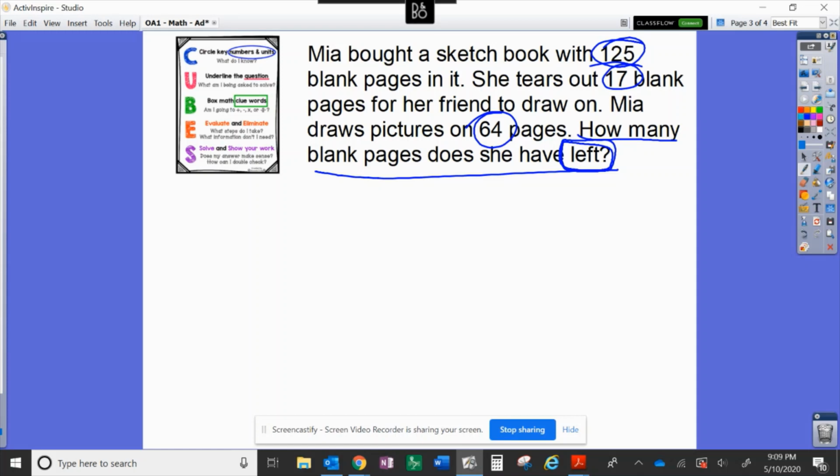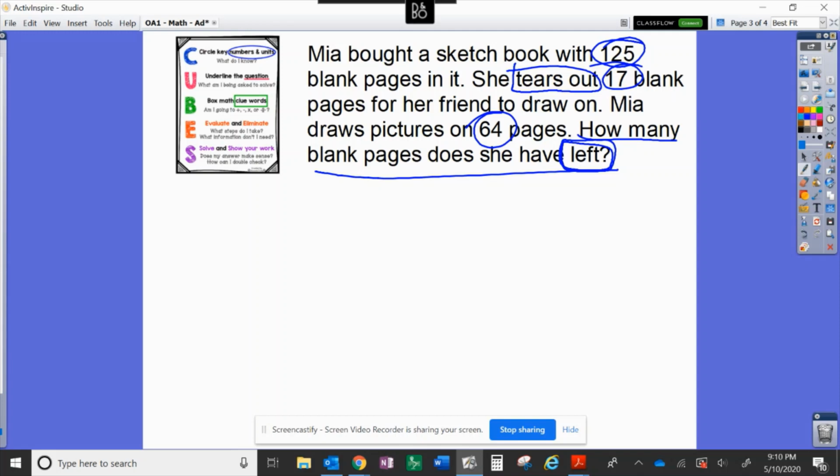If she tears something out, I know that she's going to have less of it. Okay. And if she is drawing on blank pages, then they're no longer going to be blank. So again, she should have less of them. Now, again, I am more comfortable with addition. So that's where I'm going to start.